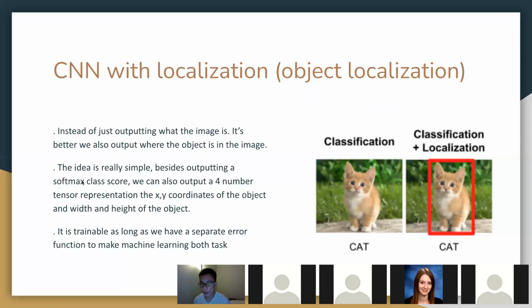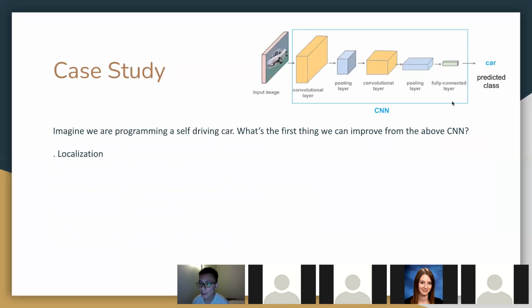Some people may think, do we need to do some actual work on the model, like have some complicated model, like matrix multiplication? Actually, it's not. Remember what we output here as a probability score? It's actually really simple. You just add 4 more outputs, a regression output for the coordinates and the size. It's that easy.